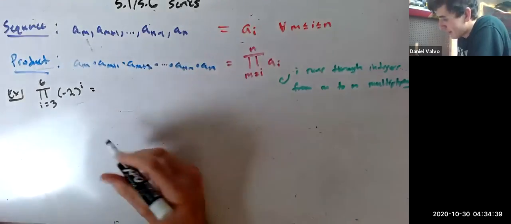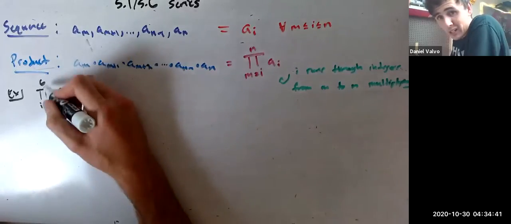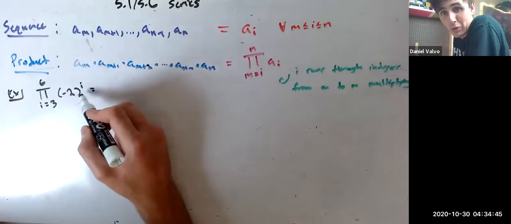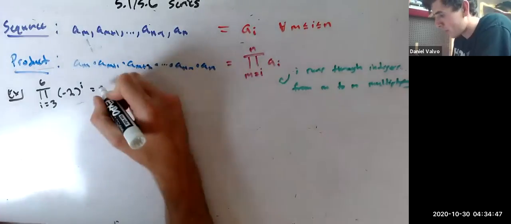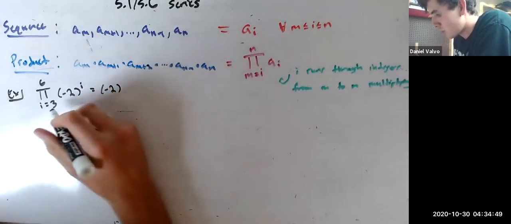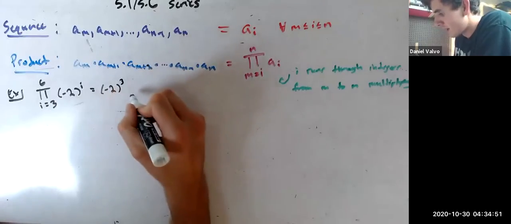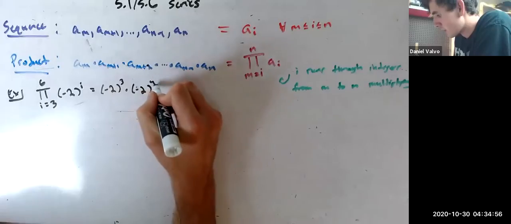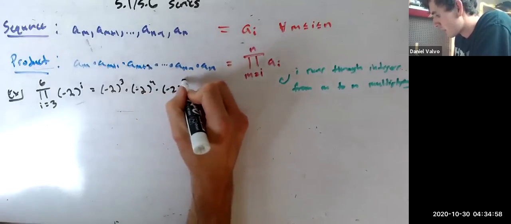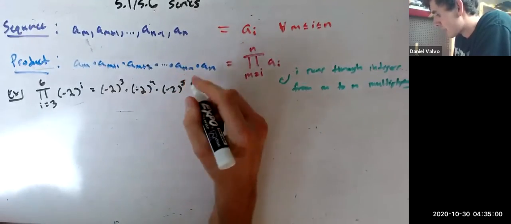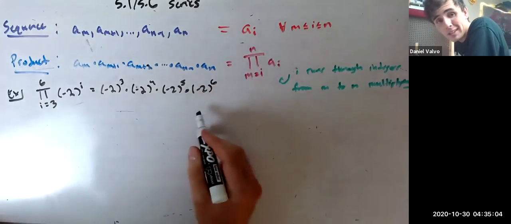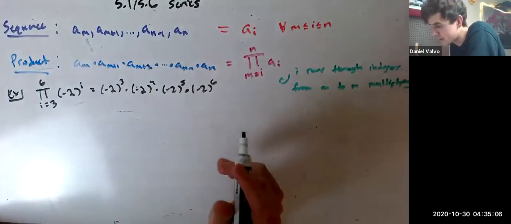What this would be is you just run through every integer in the range 3 to 6 and do -2 raised to that integer, and multiply them all together. So first you want to do -2 raised to the 3. And the next integer after that is -2 raised to the 4, and -2 raised to the 5, and then -2 raised to the 6. Instead of adding everywhere like we did in the sum, we multiply between all of them.